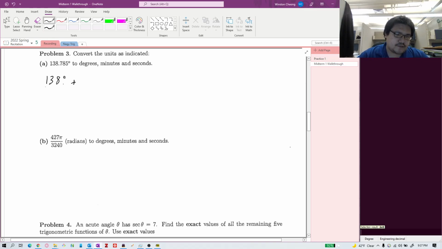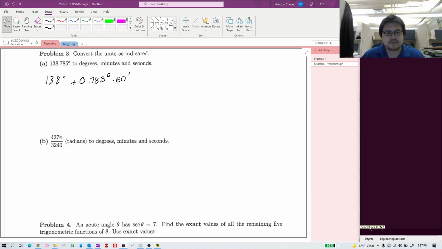Think of it as having an integer part and a fractional part. The decimal part, that's what we multiply by 60 to convert it. This is measured in degrees right now, so if I multiply it by 60 minutes, that's a unit conversion. It's going to give me the value of that angle, but in minutes instead of in degrees.